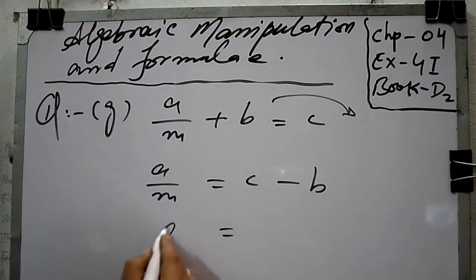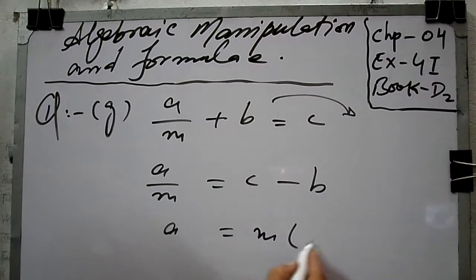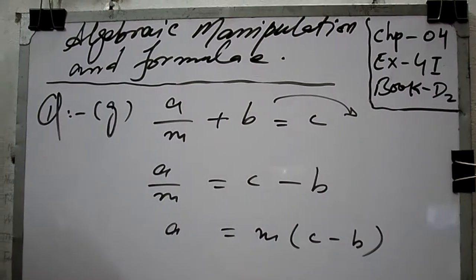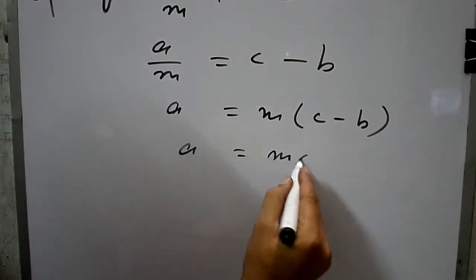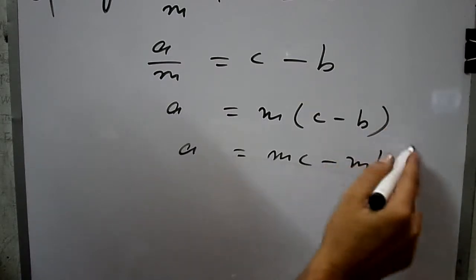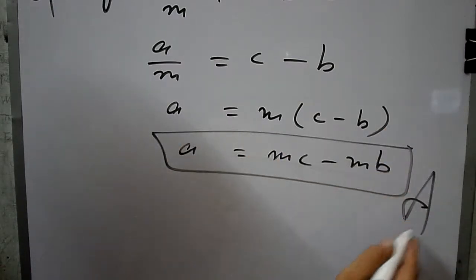You need the value of A, so by using cross multiplication, M into C minus B. So the value of A is MC minus MB. So here A as a subject.